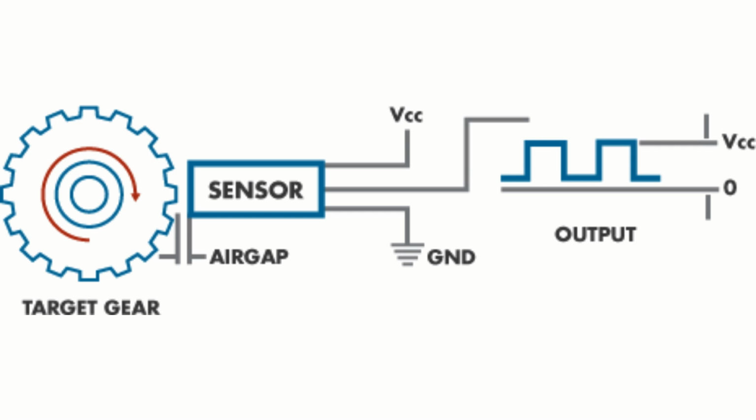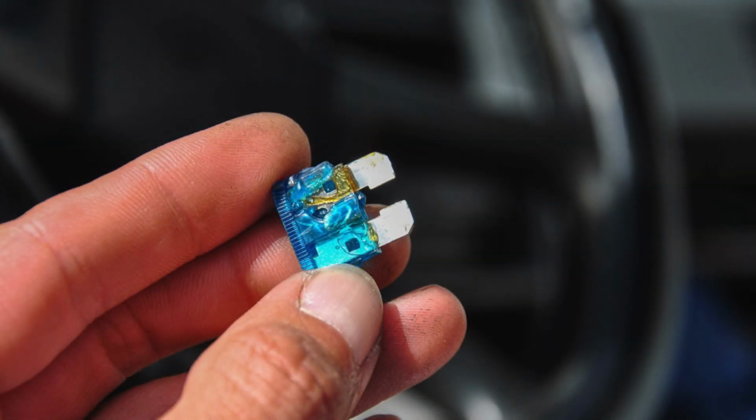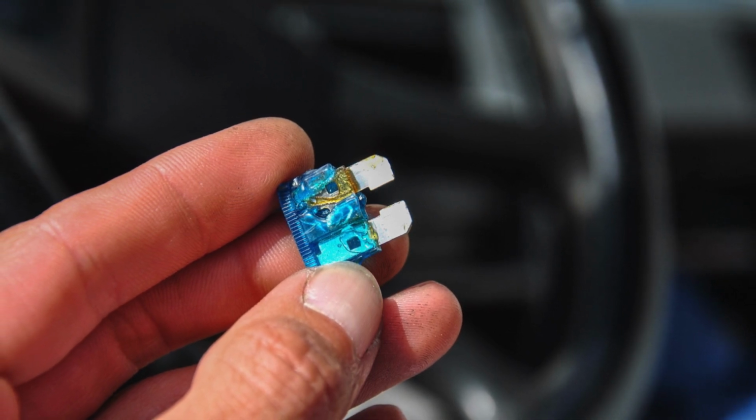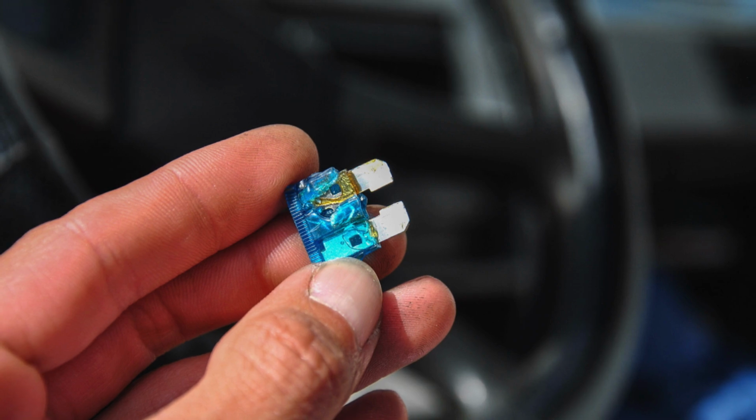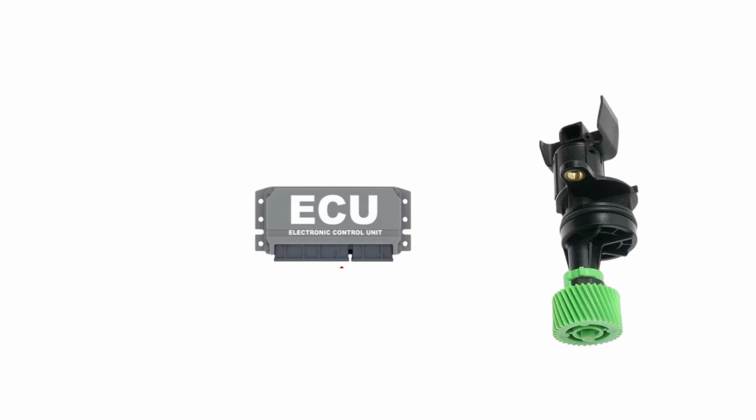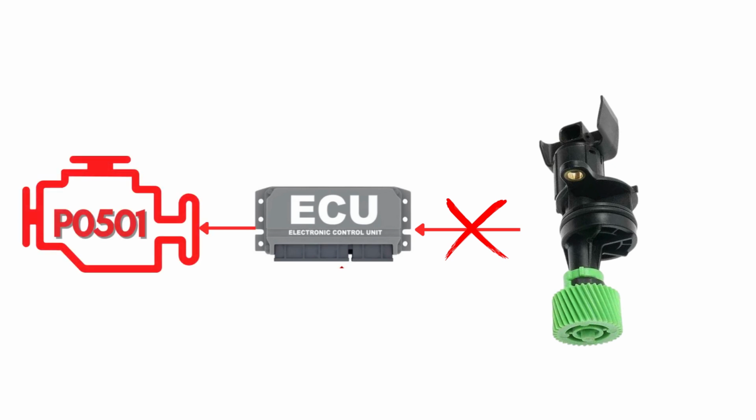If the 5-volt reference wire becomes open, shorted, or loses power due to a blown fuse, damaged wiring, or a poor electrical connection, the vehicle speed sensor will stop communicating with the ECU. As a result, the ECU receives no valid vehicle speed signal and stores the P0501 trouble code.